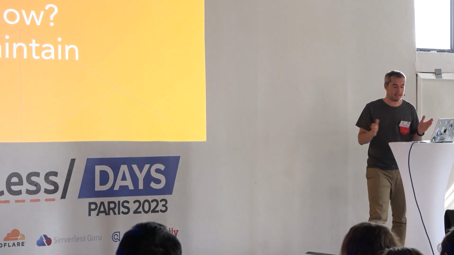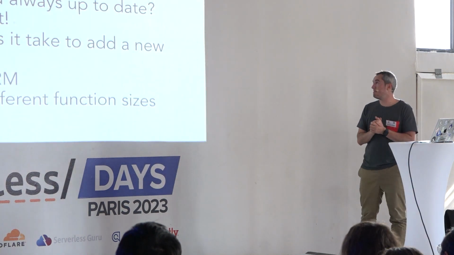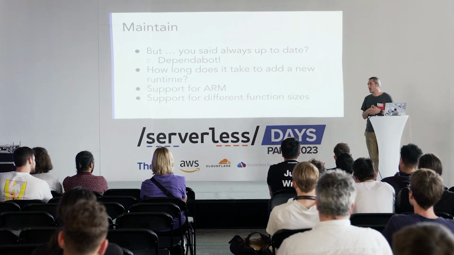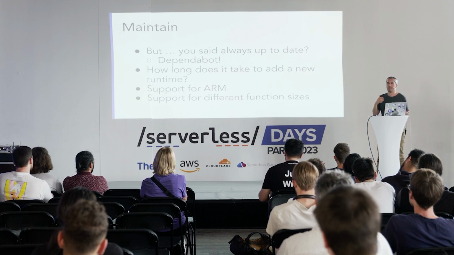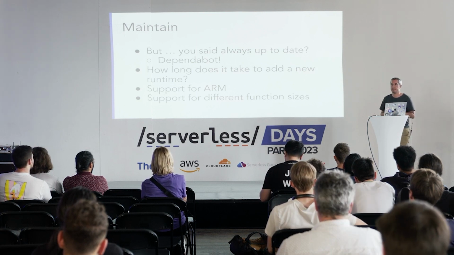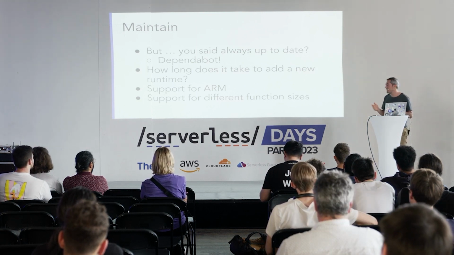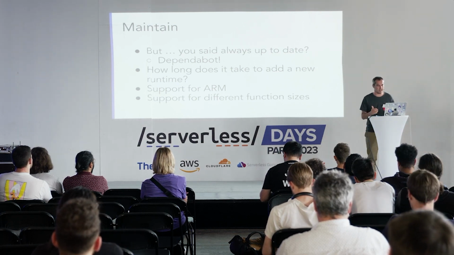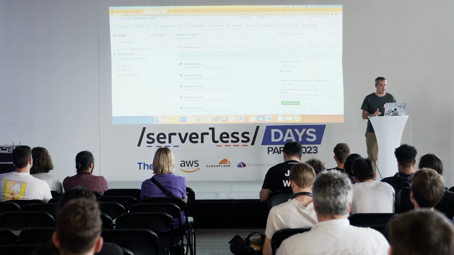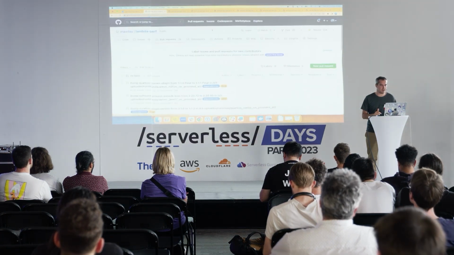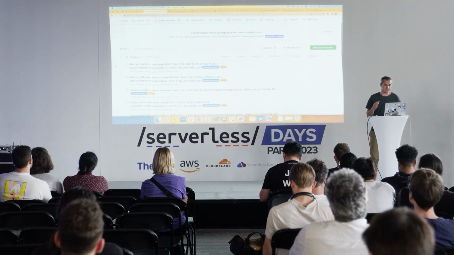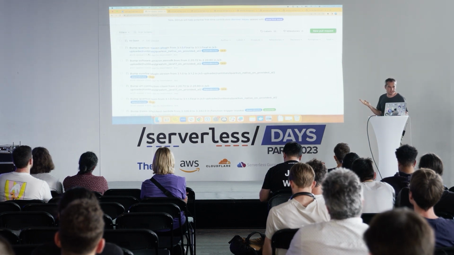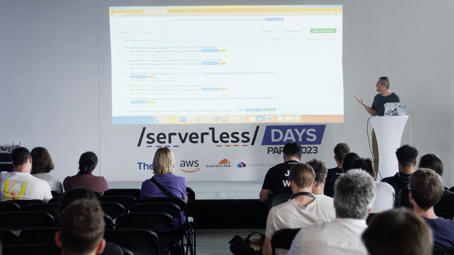So now we need to maintain it, because the aim of this project is to be always up to date. I can track every SDK version from every runtime in every architecture. It's quite annoying to always be up to date. Fortunately, GitHub has a Dependabot plugin. It's great, and I'll show you the configuration in a moment. As you can see, 3 hours ago, it opened a PR for me.